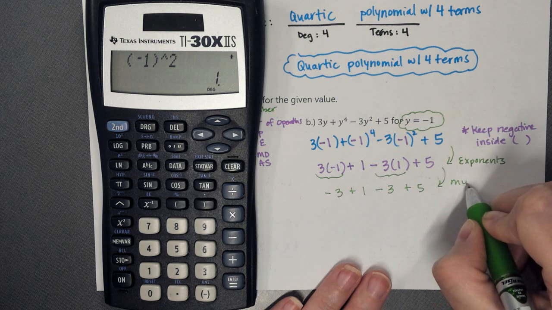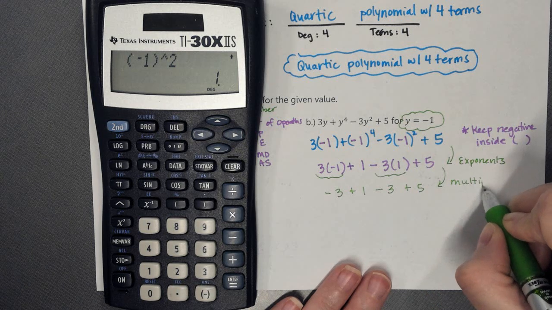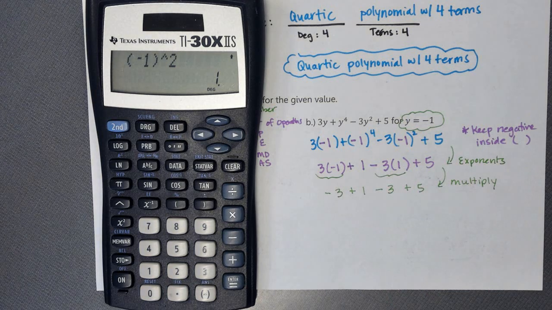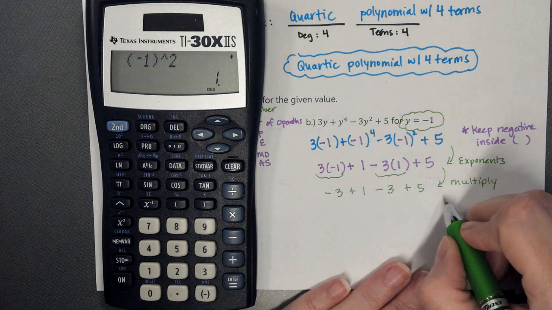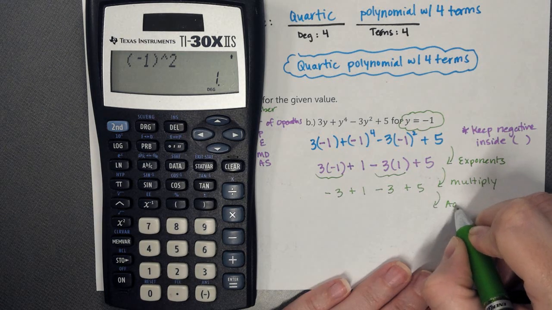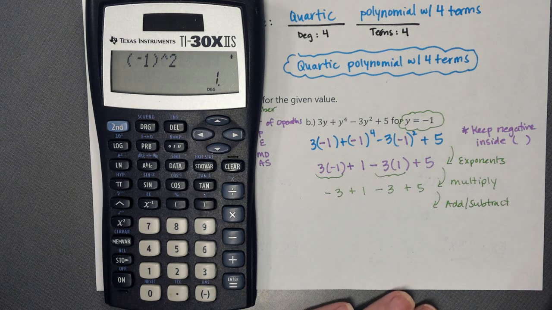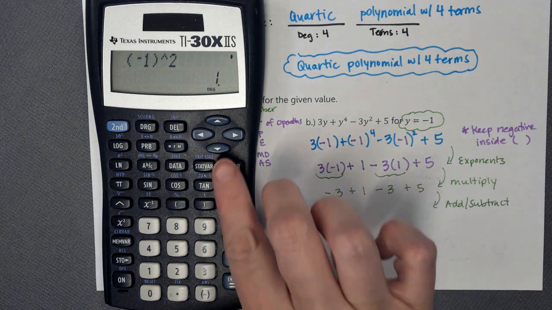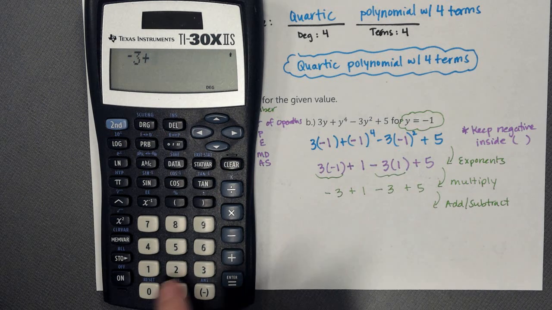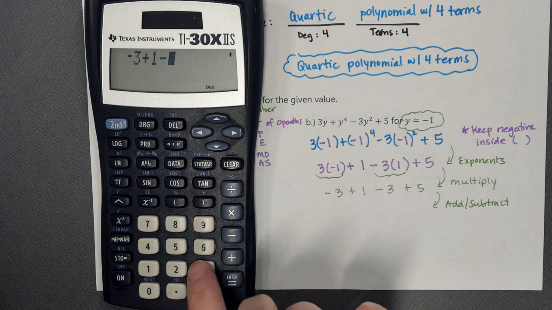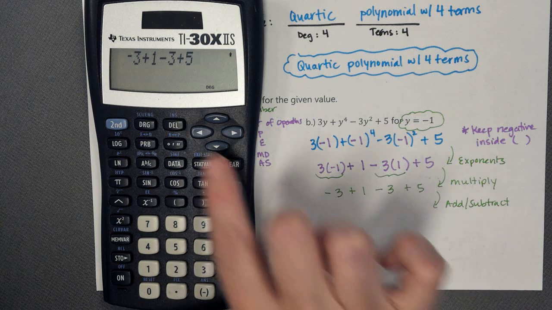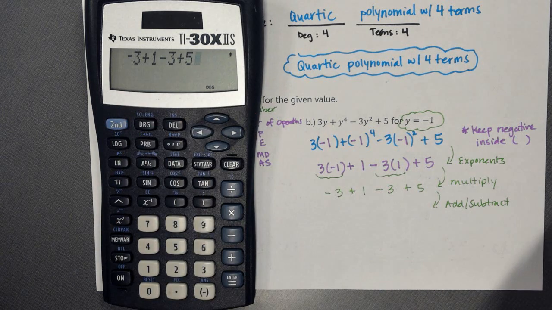So then we did the multiplication. Your last step is to add and subtract. It's fine if you want to do that all on one line. If it starts with a negative, you have to use the negative symbol.